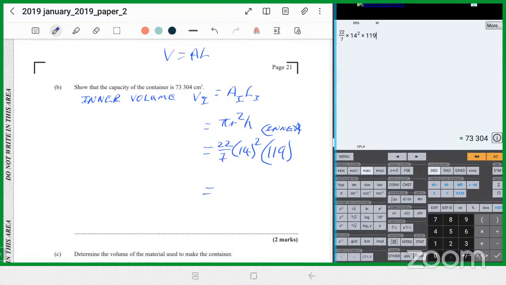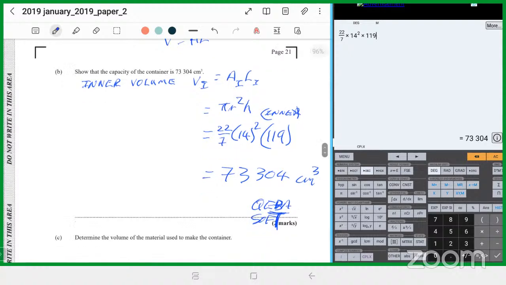Voila! 73,304 centimeters cubed. Shown. Let's go to the next part.